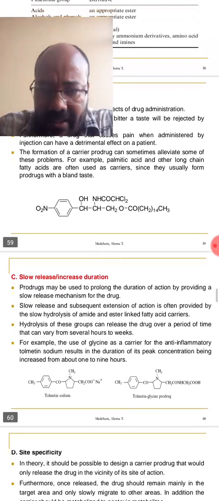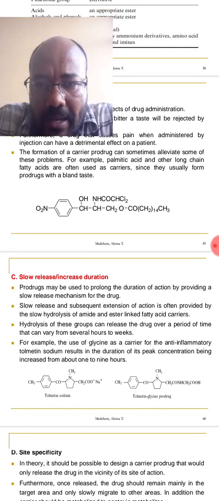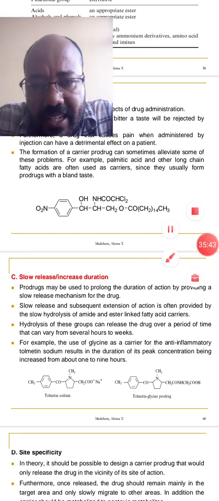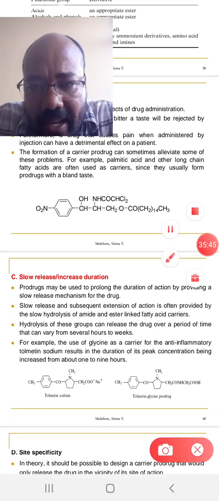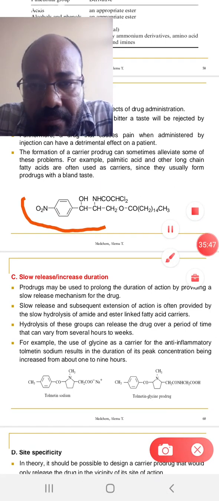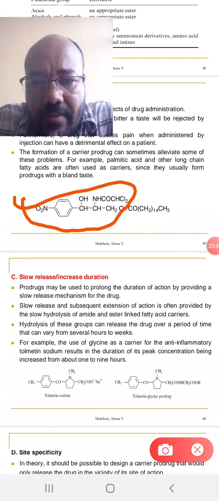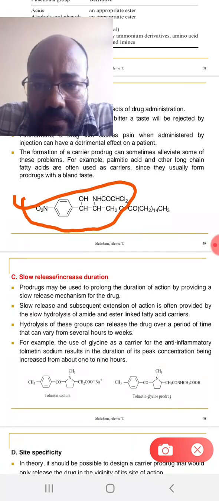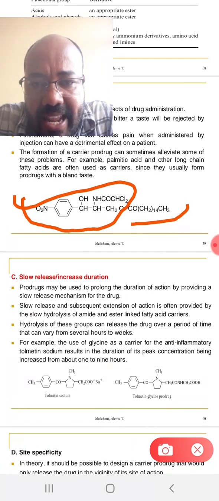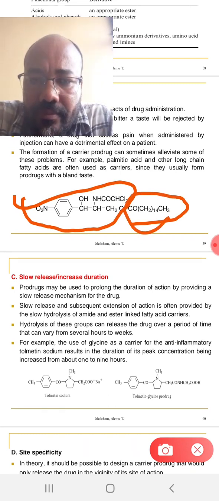Look here, for this example, I have palmitic acid. This is a long chain fatty acid. This compound, palmitic acid, has this structure. This is the active moiety. This is the carrier. This is a highly bitter substance.